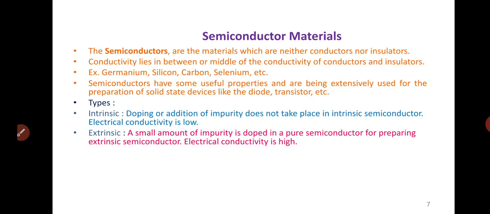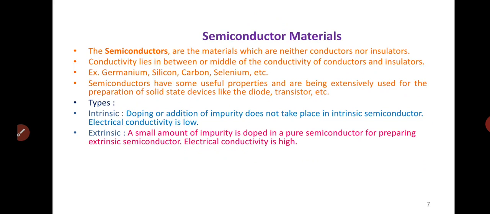In addition to the elemental materials, compounds of column 3 and column 5 atoms, as well as certain combinations from second and sixth group of periodic table, make up the compound semiconductors.